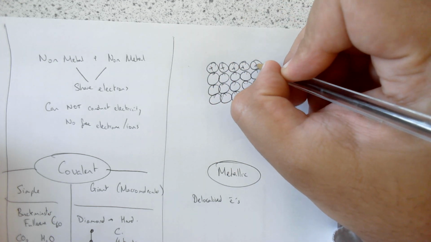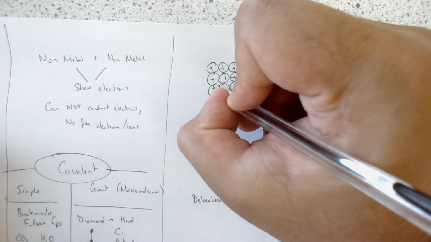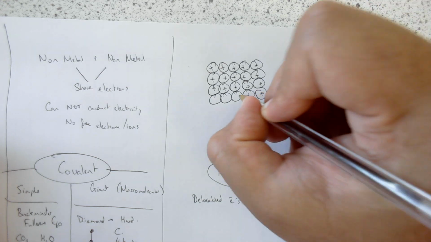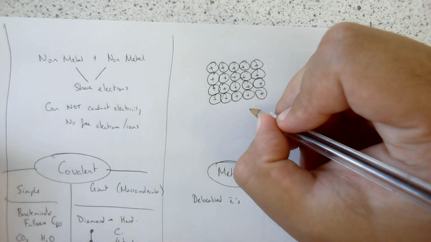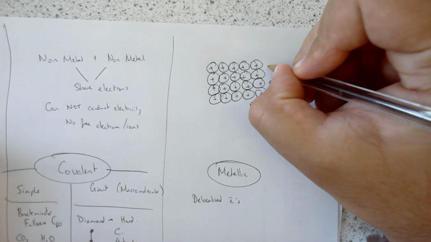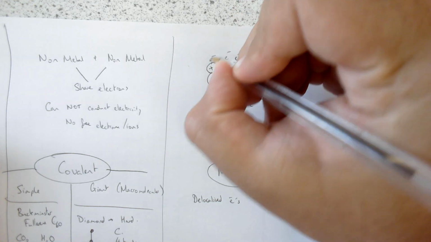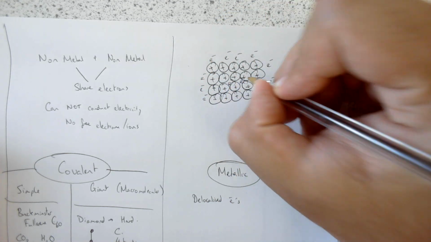They're all positively charged because metals lose electrons. And each one of these positive ions has donated electrons to the cloud or the sea of delocalized electrons.